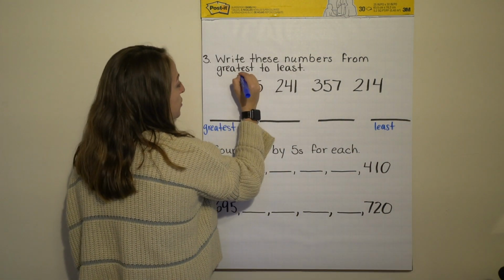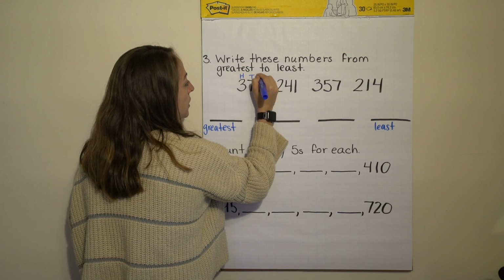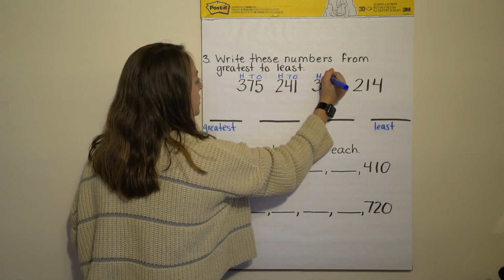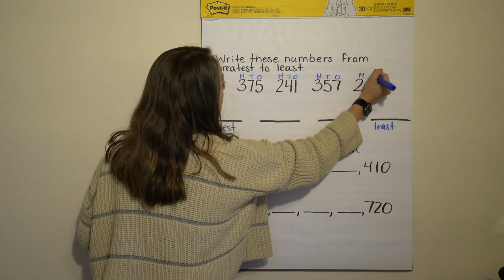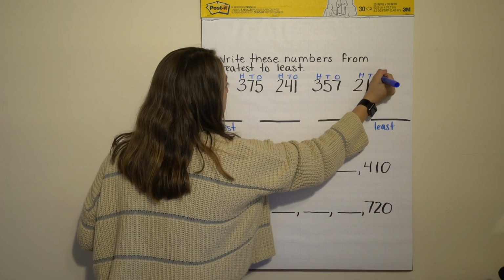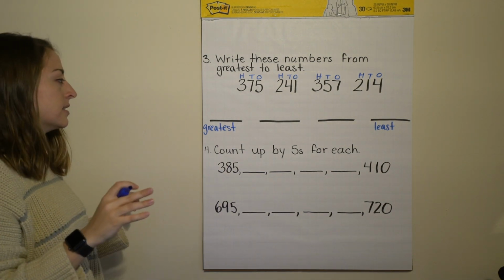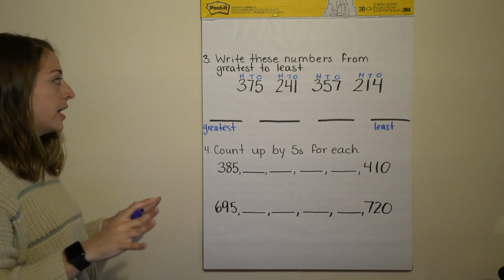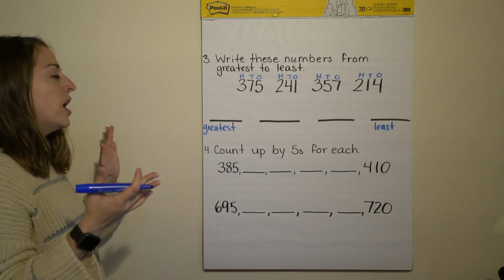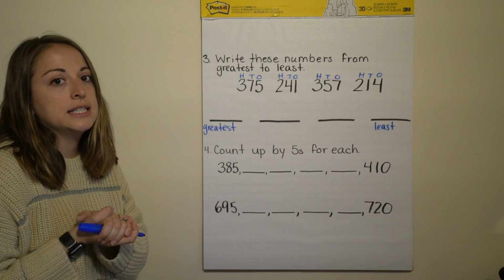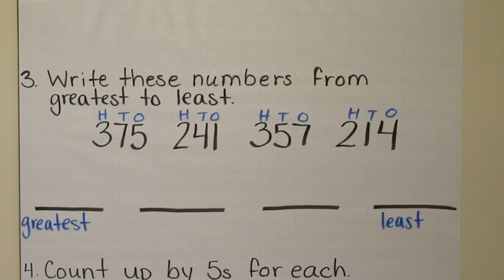Then you're going to put HTO because a good strategy to do is to look at your hundreds place to see which one is the greatest one. Okay, so you're going to take some time to decide which one's the greatest one. Remember, if you have the same amount of hundreds, then you're going to have to look at the tens place. You can get started.